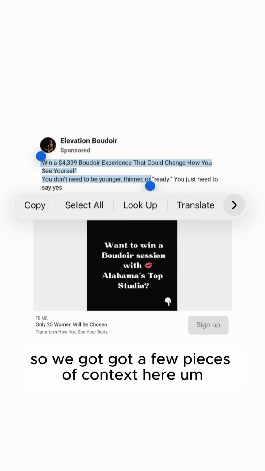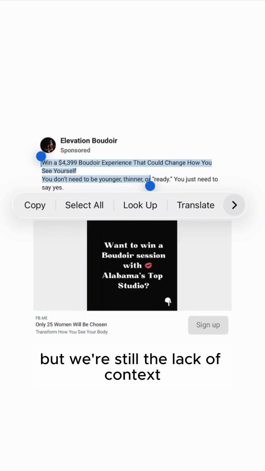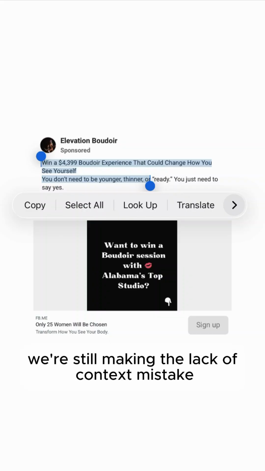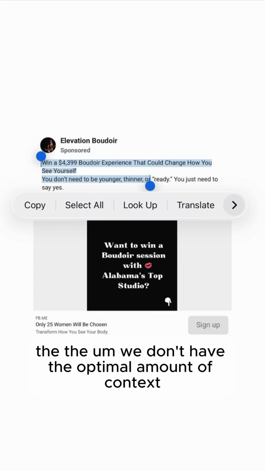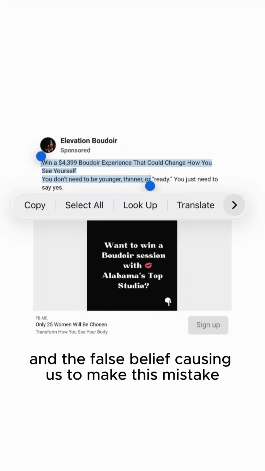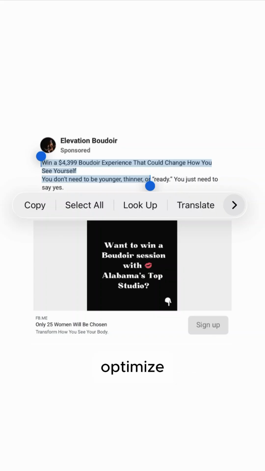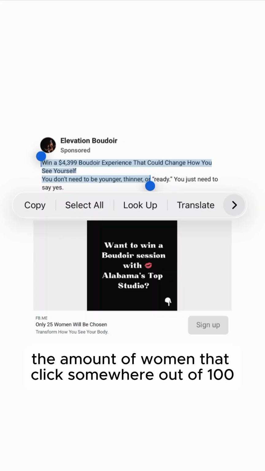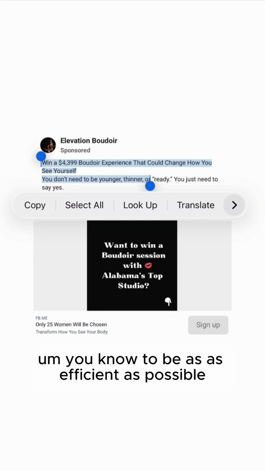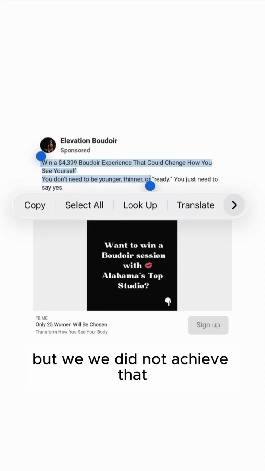All right, so we have a few pieces of context here, but we're still making the lack of context mistake. We don't have the optimum amount of context, and the false belief causing us to make this mistake is that we thought we had enough context to optimize the amount of women that click somewhere on our ad out of 100, to be as efficient as possible, but we did not achieve that.